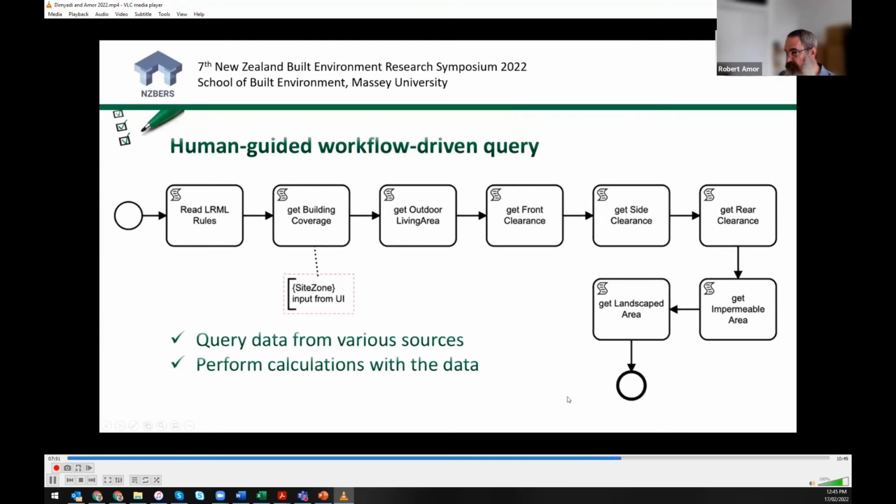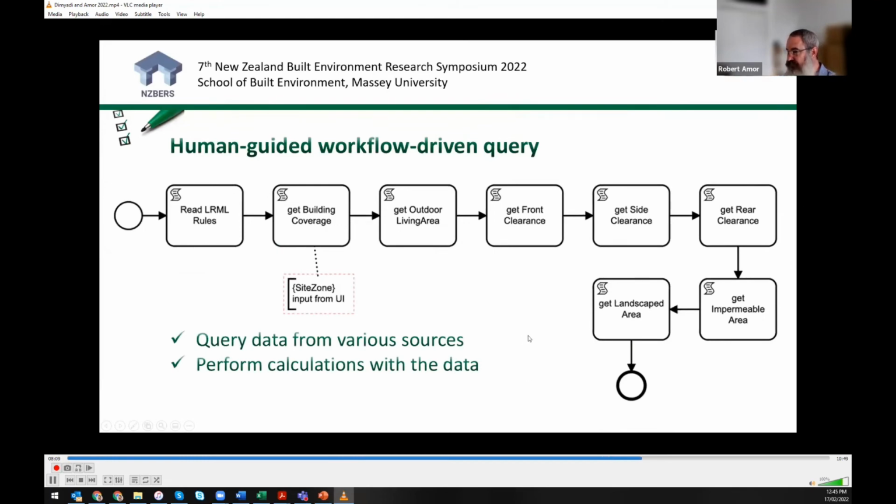And so we can ensure that the computer goes through the same process, performs the same calculations in the same order. So this gives us some certainty that the results coming out are going to be the same as a human expert would provide, because we're following the same process.